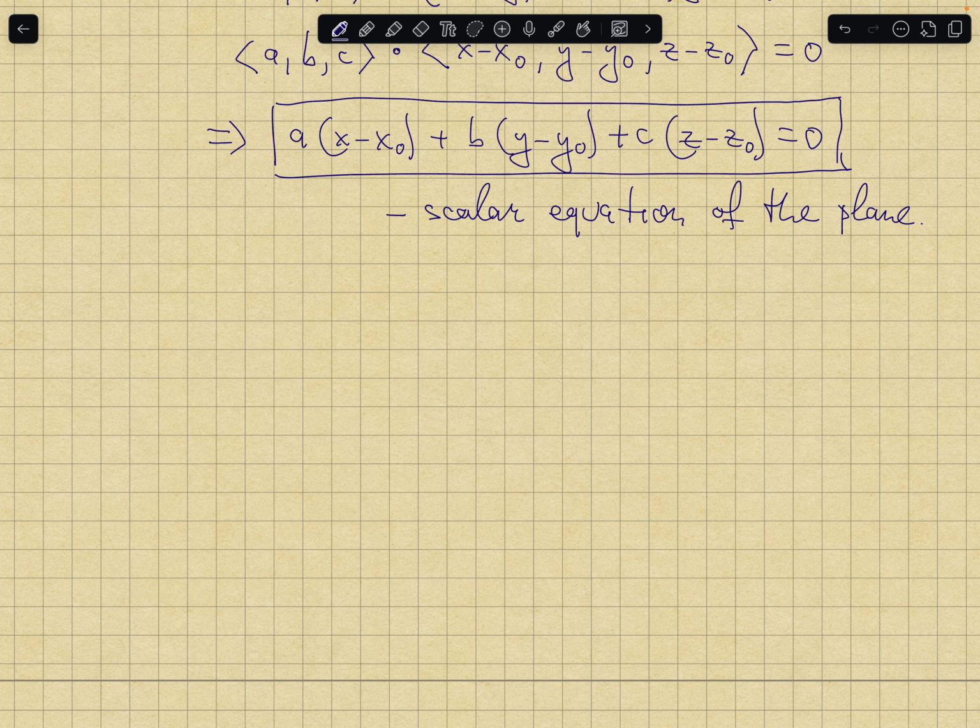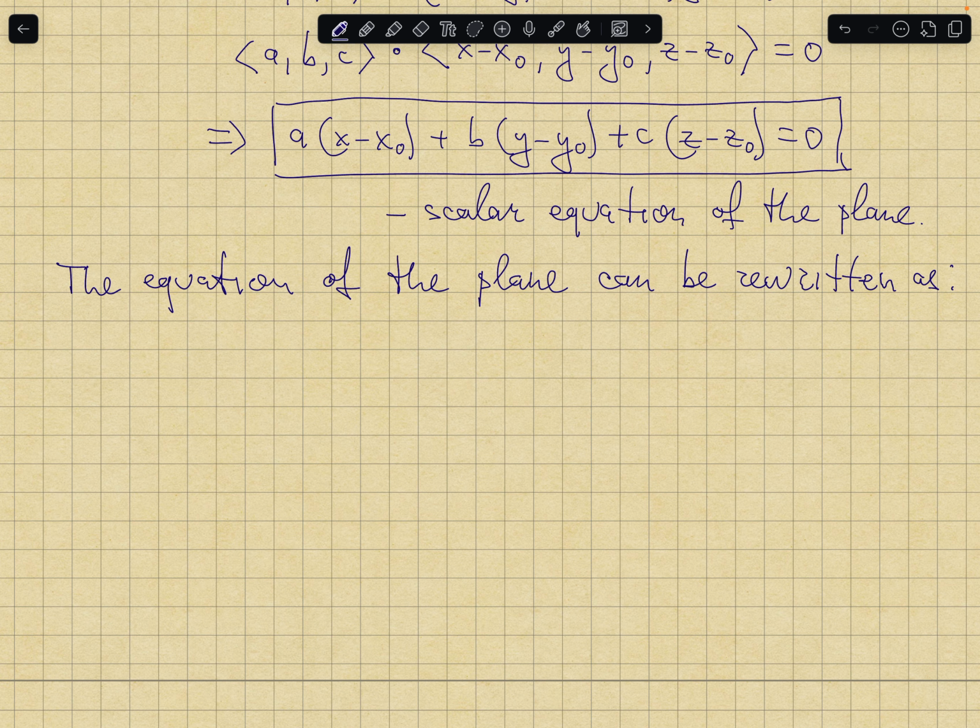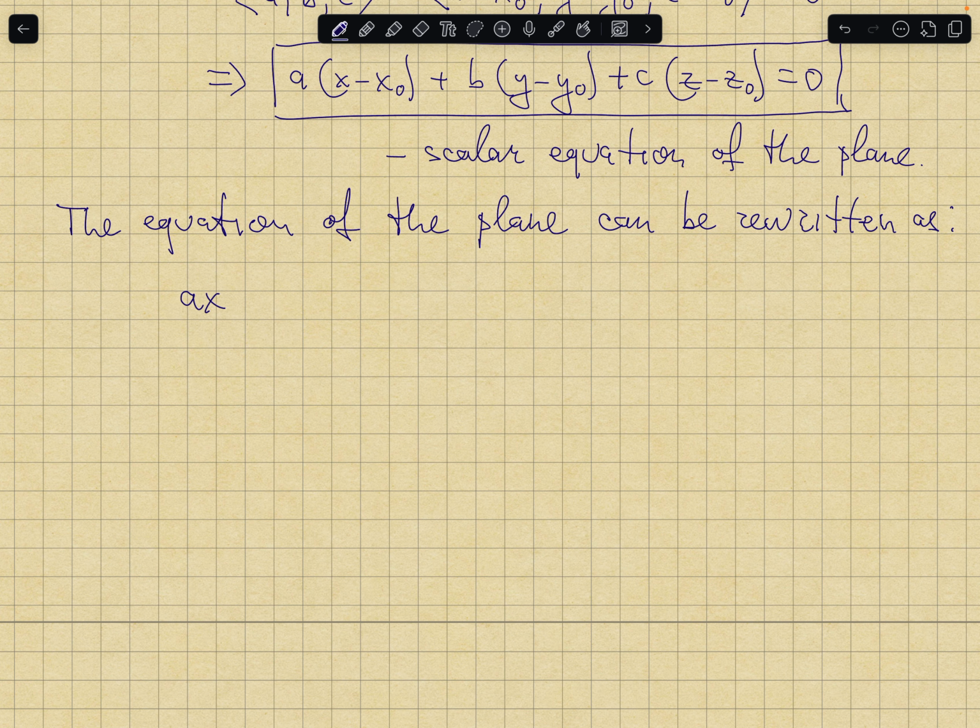So the scalar equation of the plane can be rewritten as Ax minus Ax0 plus By minus By0 plus Cz minus Cz0 equal to 0.